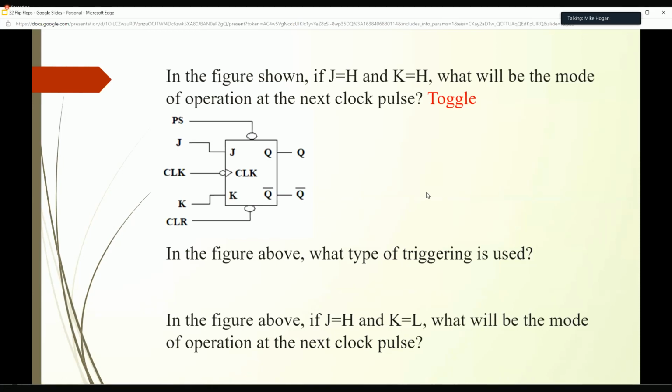In the figure, what type of triggering is used? Triggering, we're talking about our clock. It's asking about our clock. You can see that we've got this arrow again, and so that indicates that we've got edge triggering, but we've got this bubble. What do you think that means?